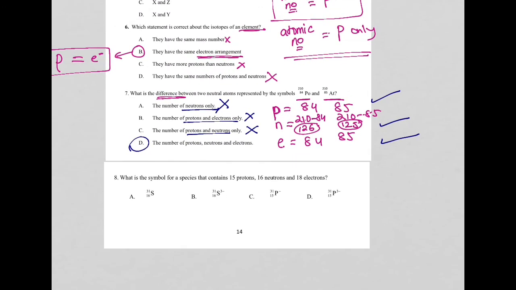Number 8, what is the symbol for a species that contains 15 protons? So for you to know which element contains 15 protons, you have to check in the periodic table.